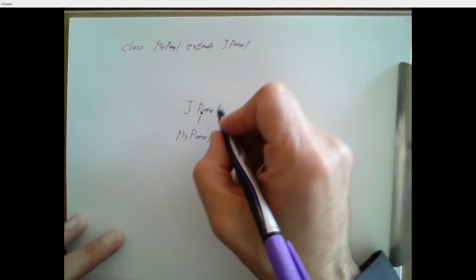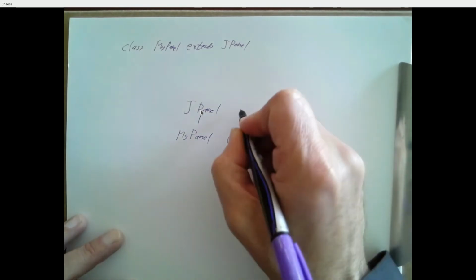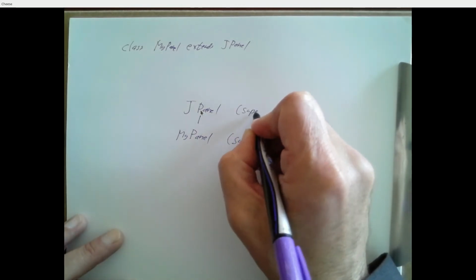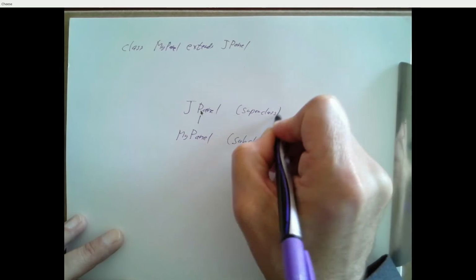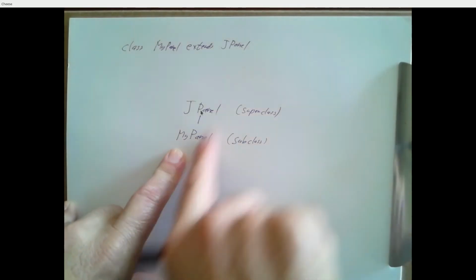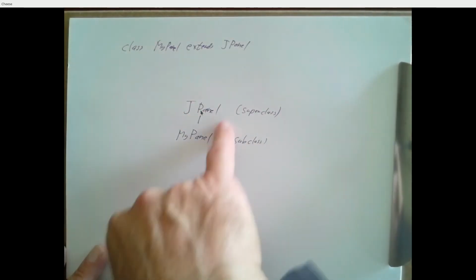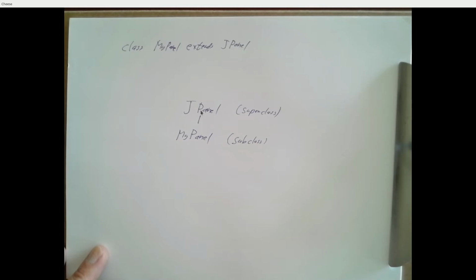But we think of this as a subclass, and we think of J panel as a superclass. And that may not always make linguistic sense, because in some sense this is an extension. It could be a J panel plus a bunch of other stuff, which kind of makes it seem like a superset of a J panel. But the terminology is that the J panel that we're extending is considered the superclass.